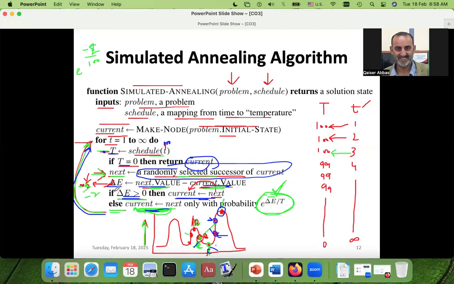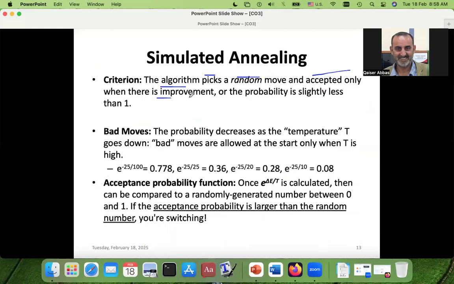And then you will get this delta E always positive. When it is always positive, you are simply updating the states. So here it means that if you have an improvement, when you have a positive value, you are going to accept that change. You are simply updating the next into the current.